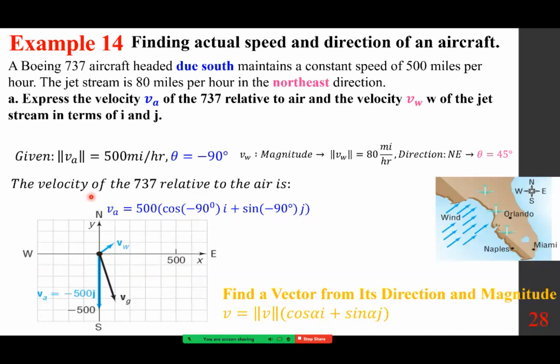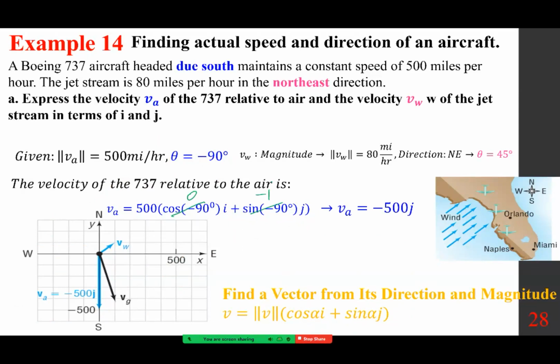I wanted you to see the drawing, and also the formula cosine of alpha I, sine of alpha J, and the theta or alpha is the same thing. So we get minus 500 J because we know this is 0 and this is negative.